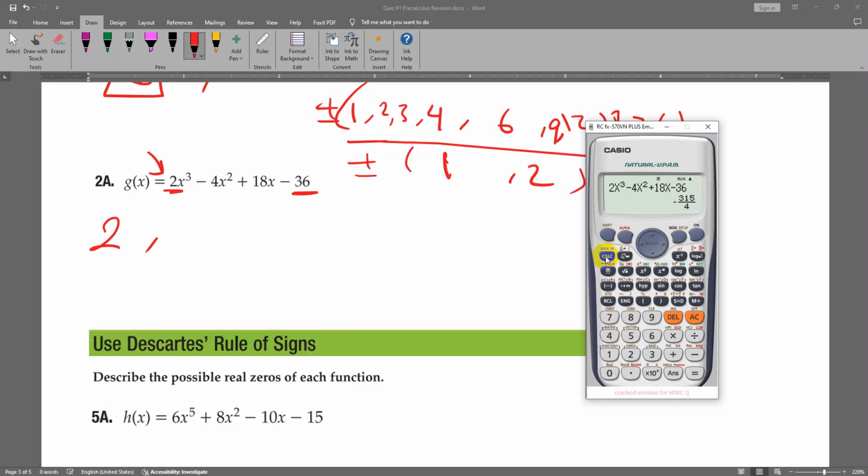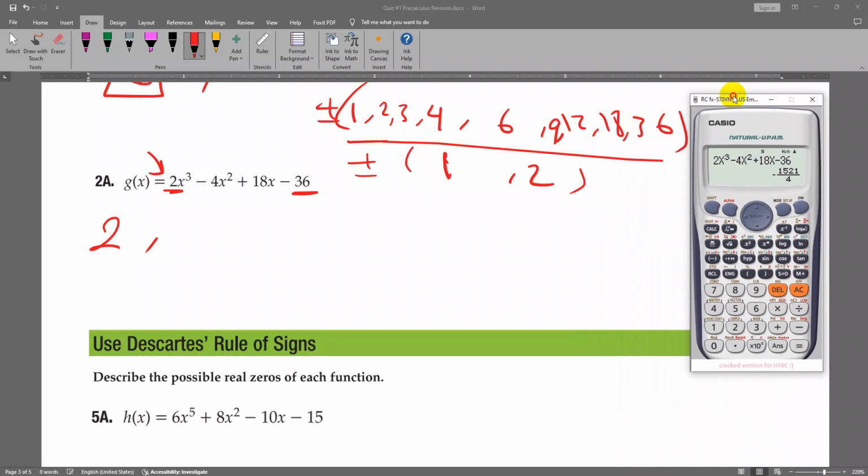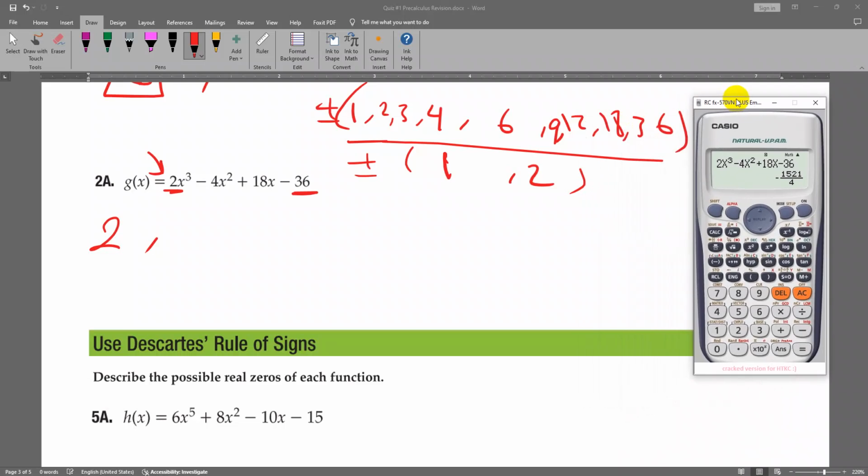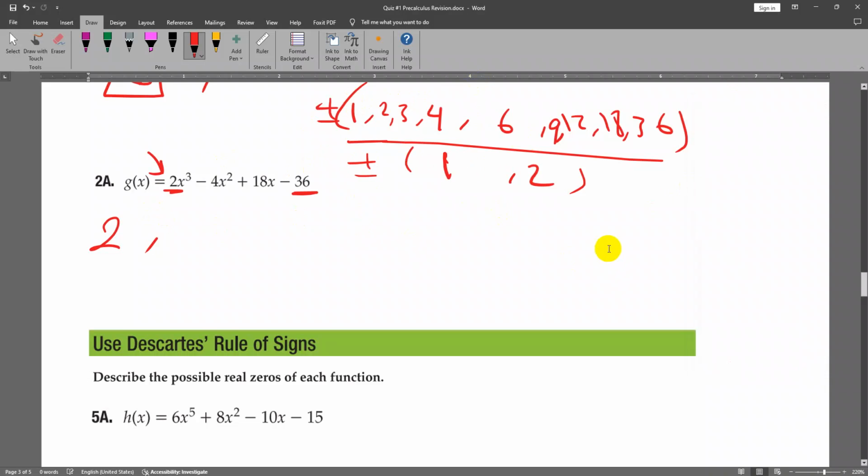Okay, let's calculate it at 4.5, and at -4.5. Okay, that's it. We have tried all of the suggested zeros, so we have only one. This is the only number that we got here. Okay, this is the only zero.